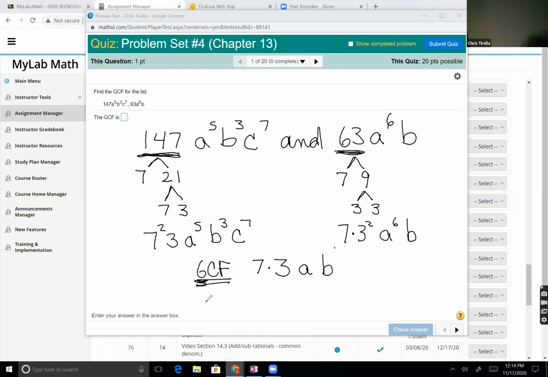We look at what they have in common and we use the lowest exponents. The lowest exponent on 7 is 1. Lowest exponent on 3 is 1. Lowest exponent on A is 5. Lowest exponent on B is 1. And so my common factor is 21 A to the 5th B.